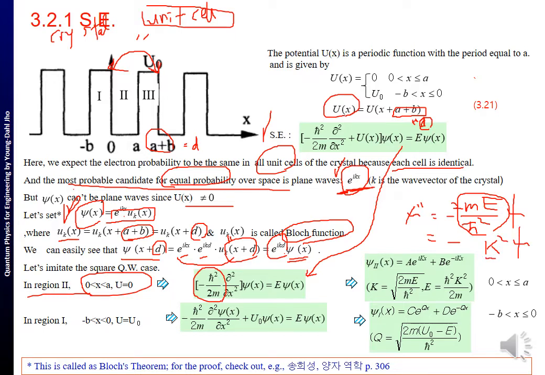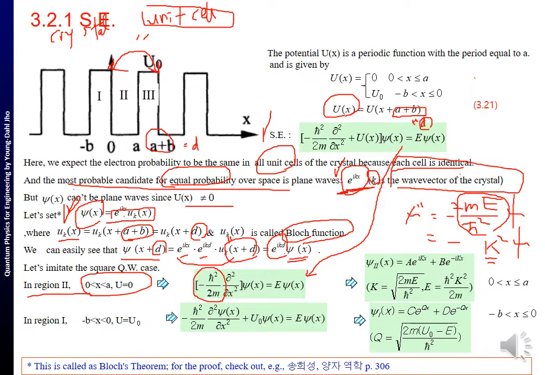Please note that we use large K here, and we used small k here, and this small k is called the crystal wave vector, or wave vector of the crystal, and it also has a certain meaning.